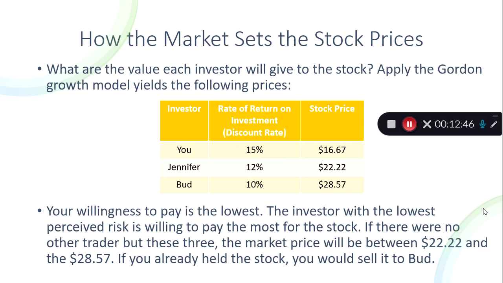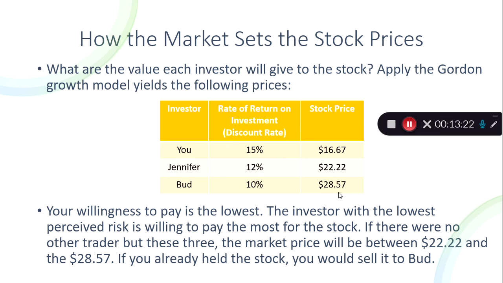The investor with the lowest perceived risk is willing to pay the most for the stock. If there were no other traders but these three, the market price will be between 22 and 28.57, right? But he has a willingness to pay up to this point, which means he will offer somewhat lower than 28.57 in order to gain some surplus.